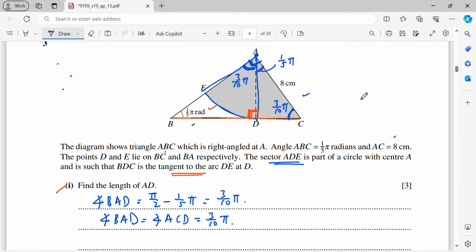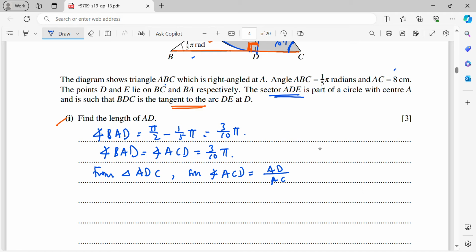Now AD is the opposite side of 3 over 10 pi, and AC, which is 8, is the hypotenuse. Opposite and hypotenuse, that is sine. So from triangle ADC, sine of angle ACD equals AD over AC.